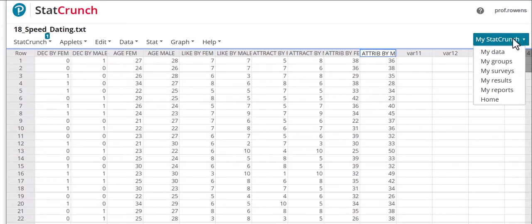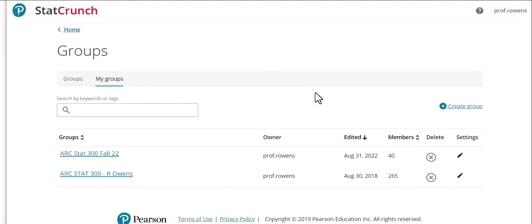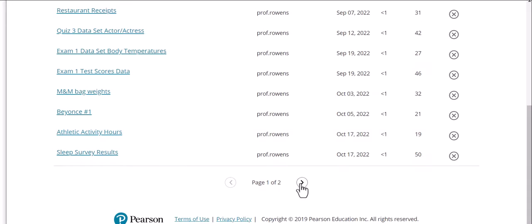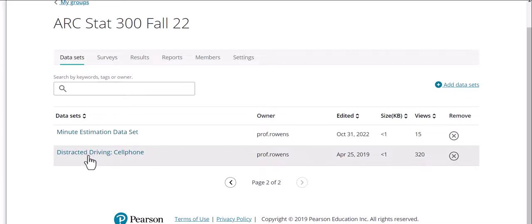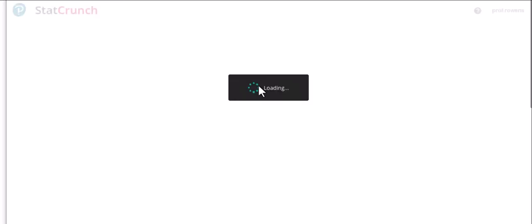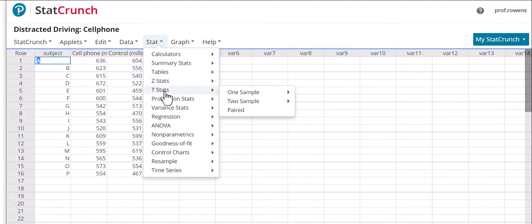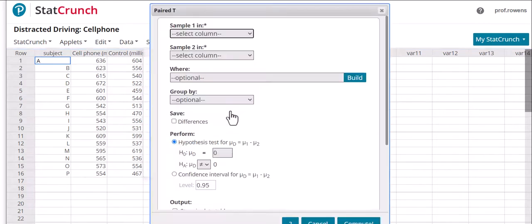Notice that going back to the example that we had done with the distracted driving, since I just showed you how to do the paired sample, we could have also done it here without constructing that extra column. I could have gone to Stat, T Stats, because I don't know the population standard deviation, go to paired, and then select column.